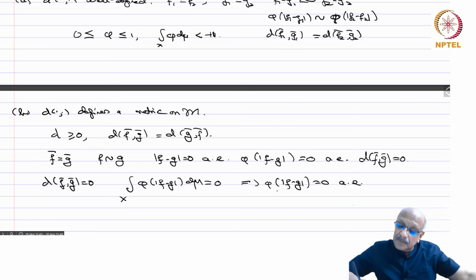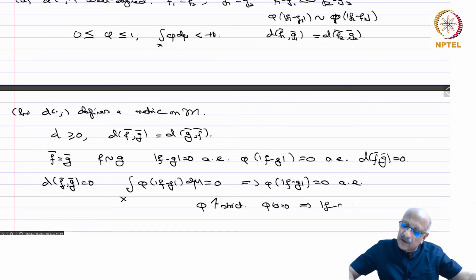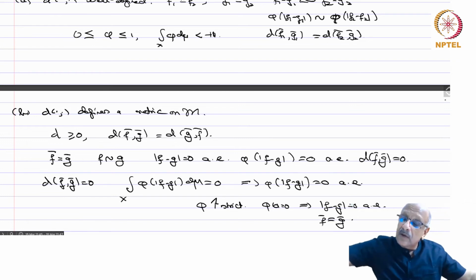But phi is strictly monotonic increasing, and phi of 0 equal to 0. So this means mod f minus g equal to 0 almost everywhere, and that is f bar equal to g bar. Okay, so that is also true.